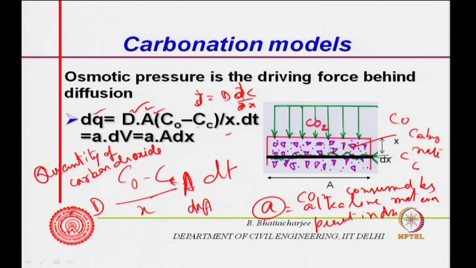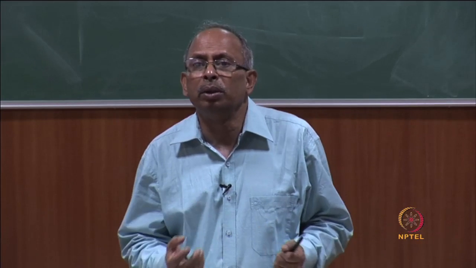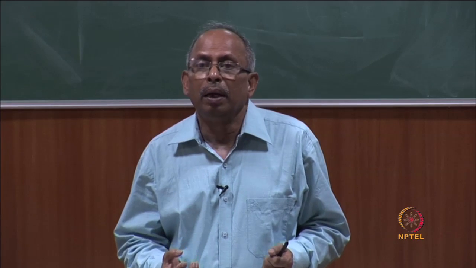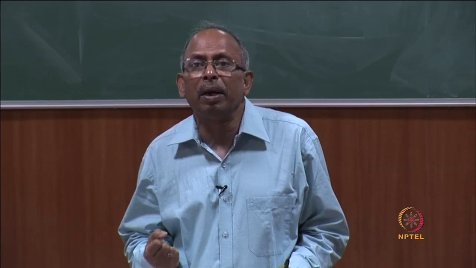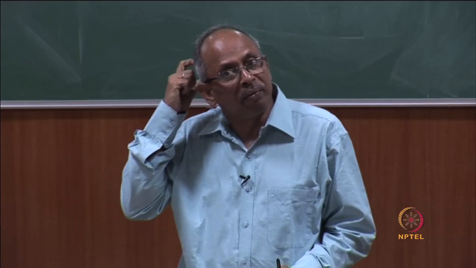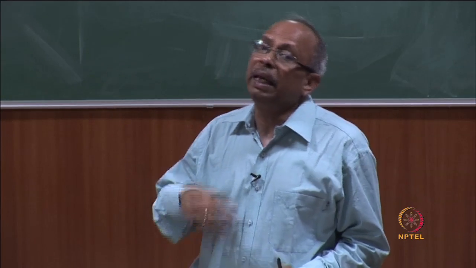So, A into dV, that is A into a dx, this must be equal to dq. So, dq is the quantity that comes in dt time, and it is all consumed, right. So, the alkaline material present multiplied by the stoichiometric factor will give you the carbon dioxide that can be consumed.